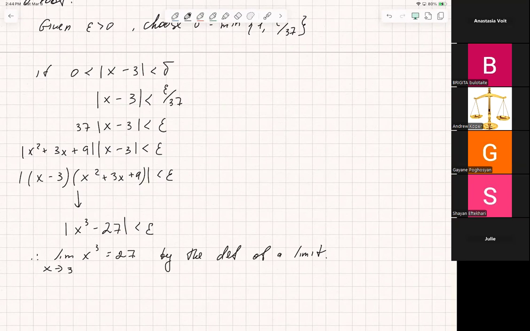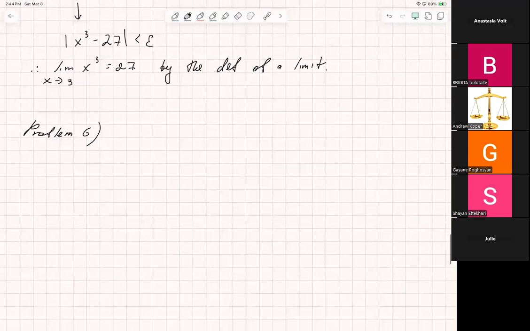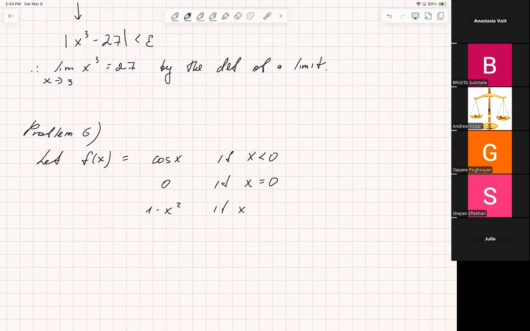Okay, now next question, problem 6. Let f of x be equal to cosine x if x is less than 0, 0 if x is equal to 0, and 1 minus x squared if x is greater than 0.